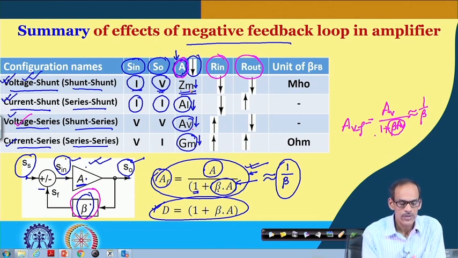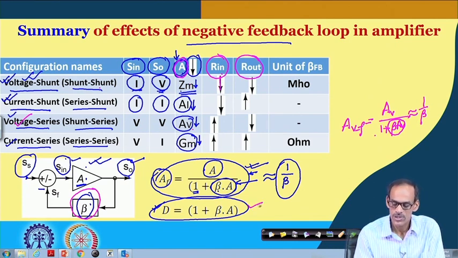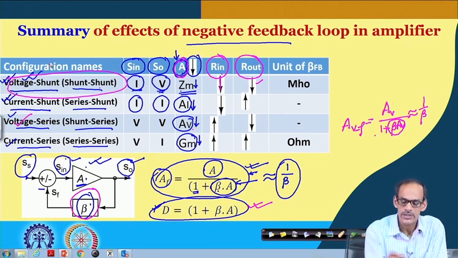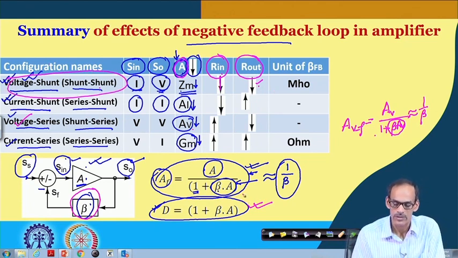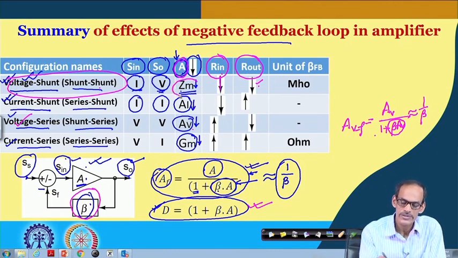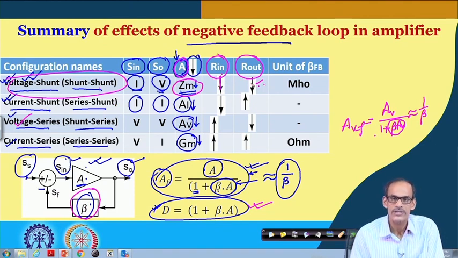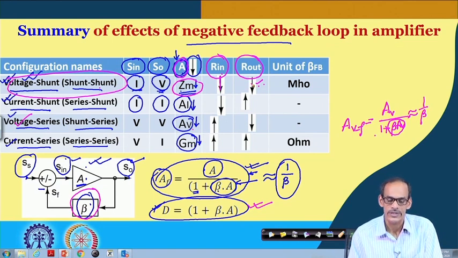Say for example, if I consider shunt configuration, then input resistance is expected to decrease by the same desensitization factor, and also the output resistance is getting decreased by the same factor. So, while we are trying to stabilize this Zm, we should be aware that the corresponding input and output resistance are also getting decreased.